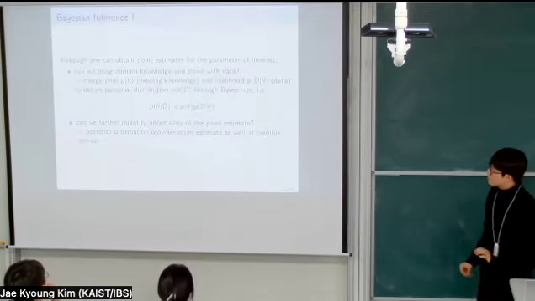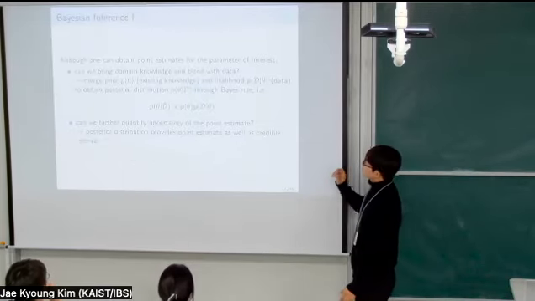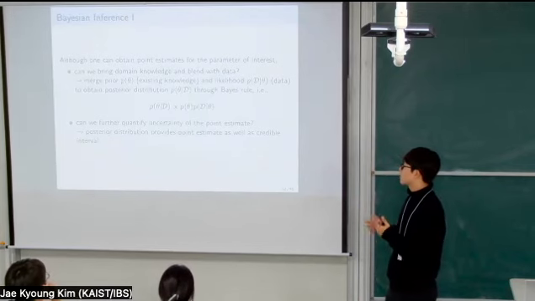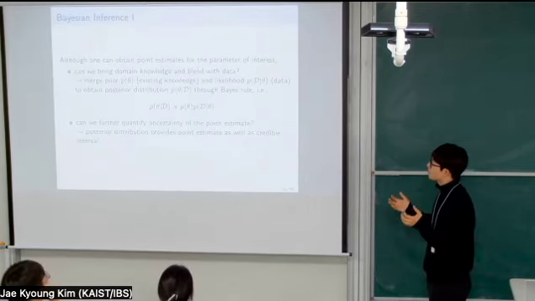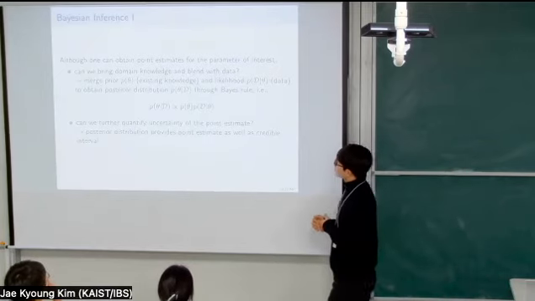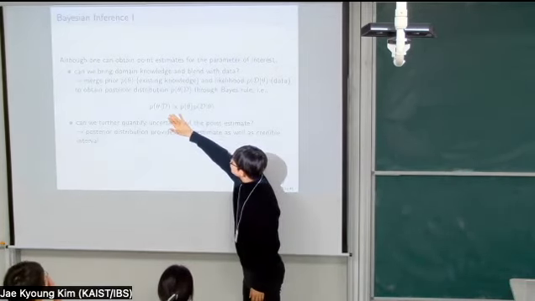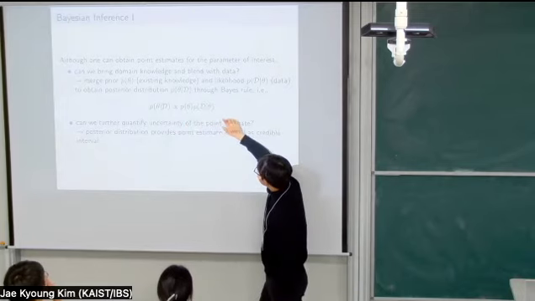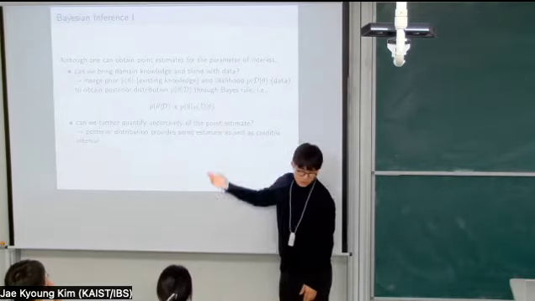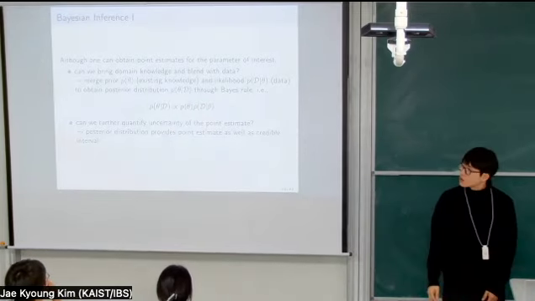So let's do the Bayesian inference. The central object of Bayesian inference is the posterior distribution. So how can we characterize the posterior distribution? The posterior distribution is simply proportional to the prior you put times the likelihood. We actually already talked about the likelihood before.